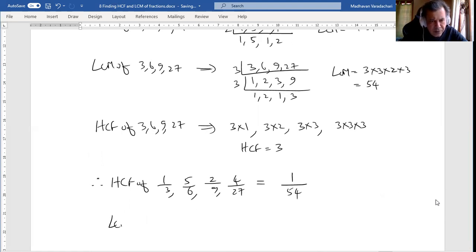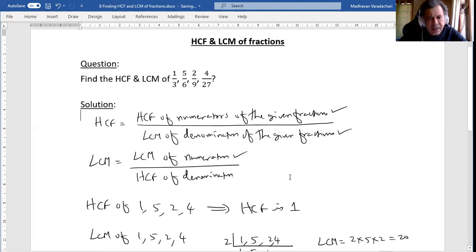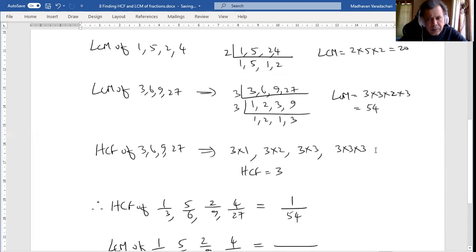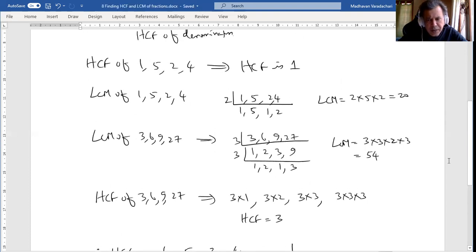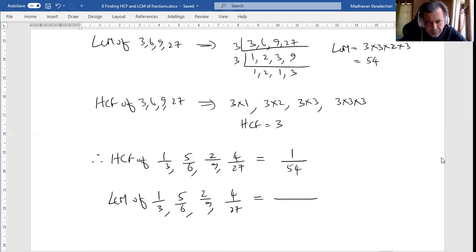And LCM of 1 by 3, 5 by 6, 2 by 9, 4 by 27 is equal to LCM of numerators divided by HCF of denominators. LCM of numerators is 20. HCF of denominators is 3. So LCM is 20 by 3. That is the solution for this particular question.